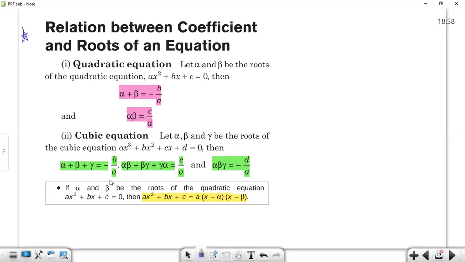And there's one more important point here: if alpha and beta are the roots of a quadratic equation, then the equation can be written in this format also. So ax square plus bx plus c can be written as a into x minus alpha into x minus beta. Okay, so these are 3 points. Please remember them. Yeah, sir.